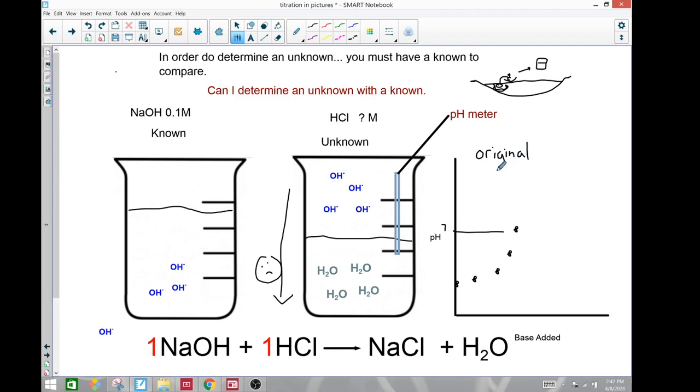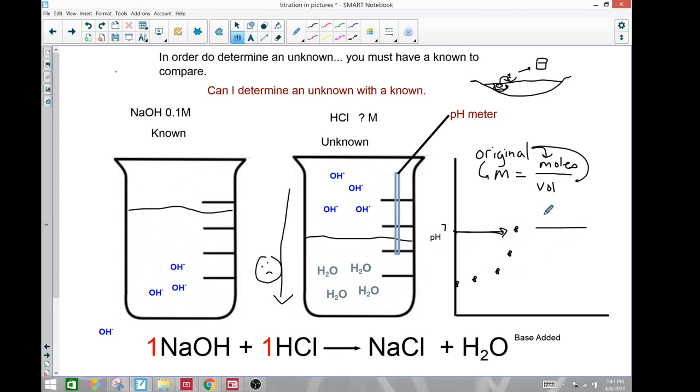The original molarity is equal to the original moles divided by the original volume. And that will give me my original molarity. So this crude example here says, okay, I titrated to a pH of 7, or neutral. At that point, I want to stop. How many did I add?